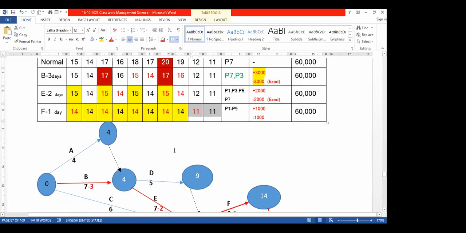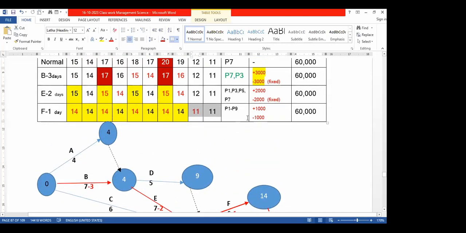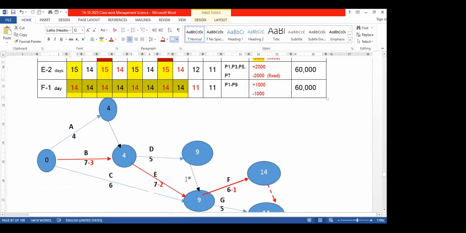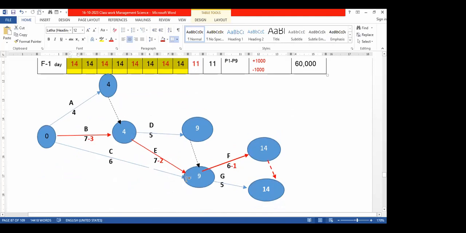Okay. So now you see that cost-wise again, the critical paths now become almost go this way. This one is the only non-critical path. CG is 11 days.